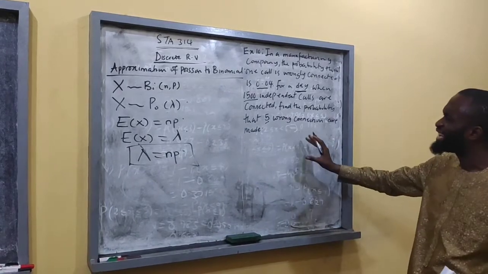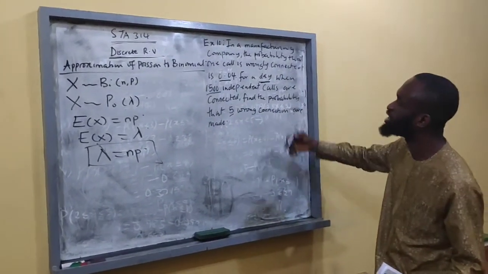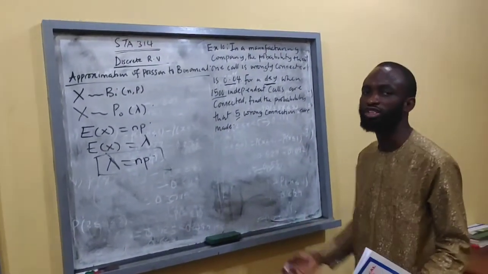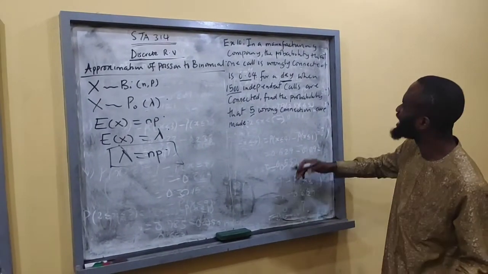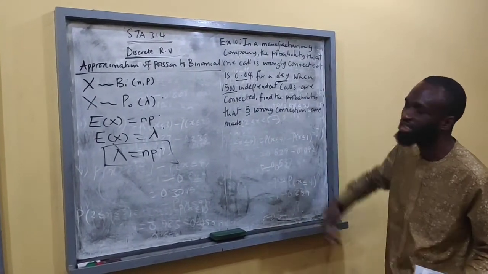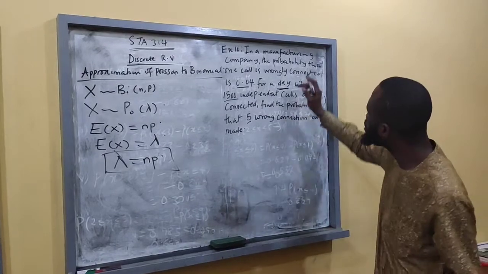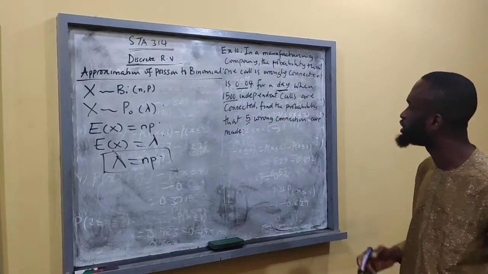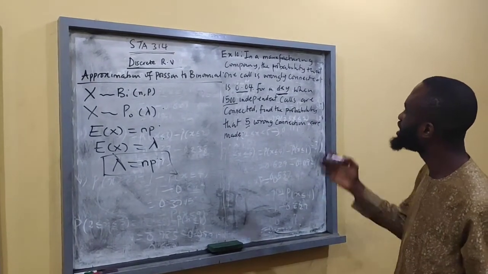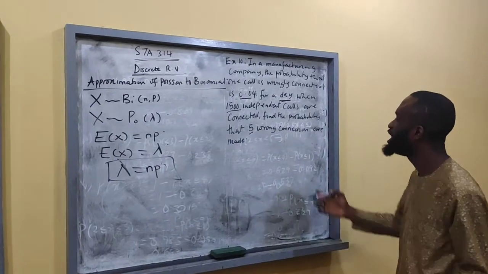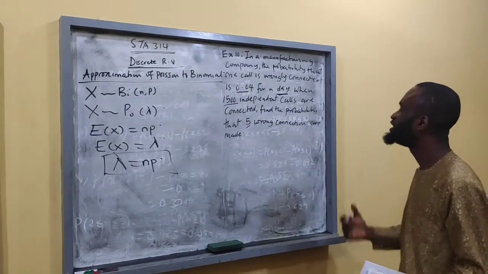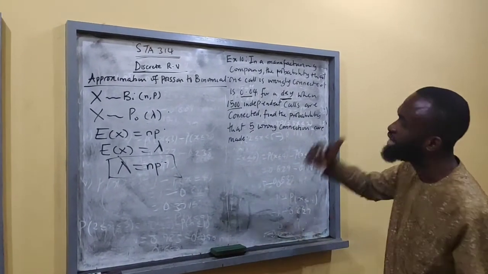A binomial really talks about the number of occurrences or trials, and we do not take the time duration into cognizance. But this one takes time duration into cognizance, so it means this is a binomial distribution that we want to approximate to Poisson.